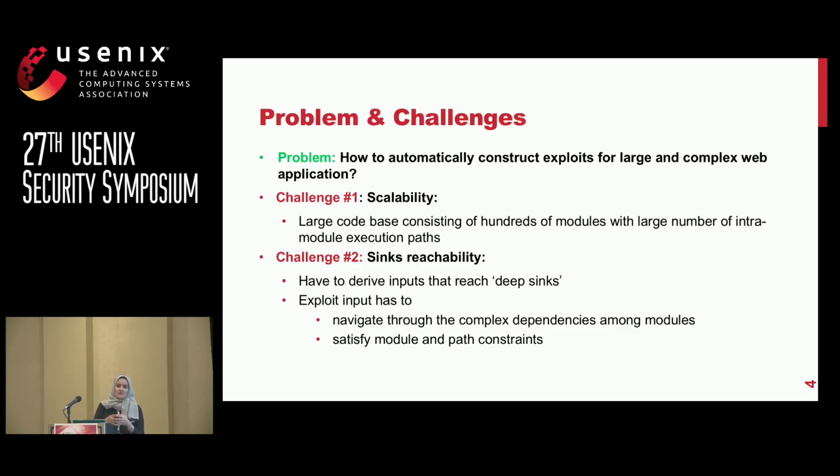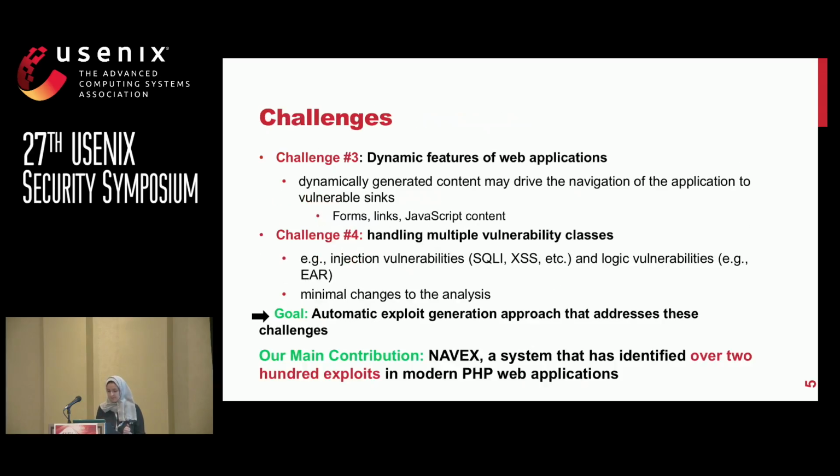What if a vulnerable sink that we want to generate an exploit for is located deep in this interrelated module structure? The exploit has to navigate through those modules, and it has to satisfy the constraints required at each junction in this navigation path.